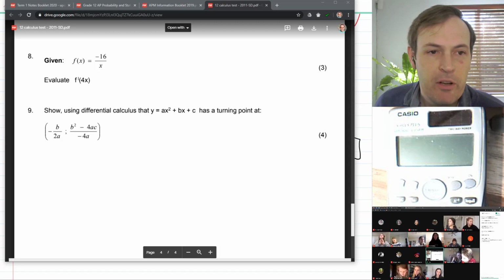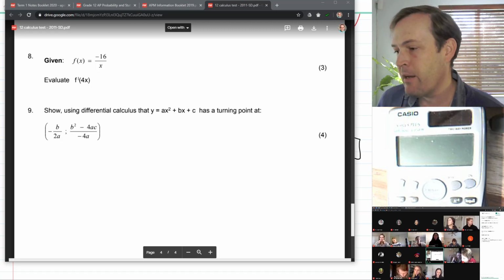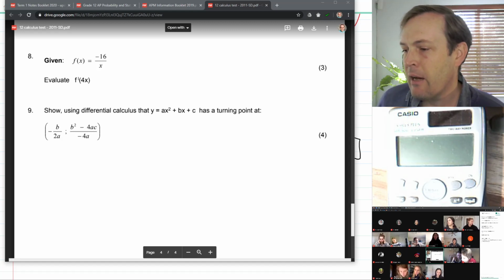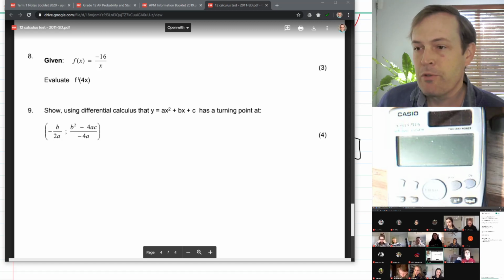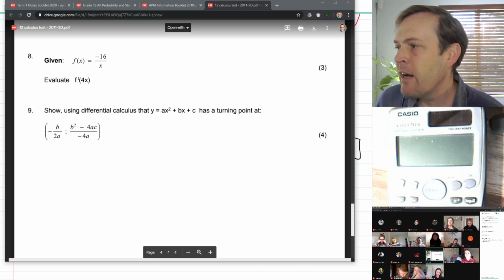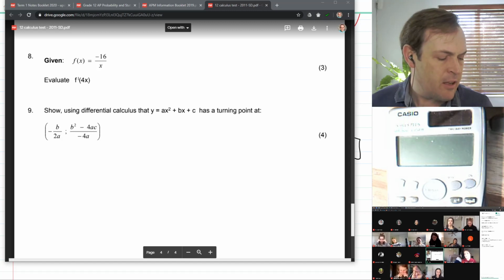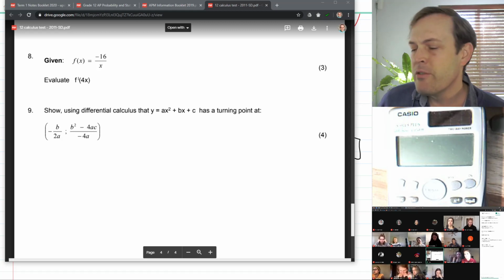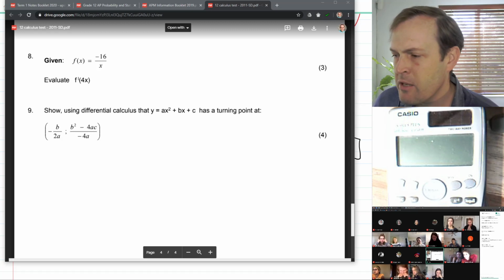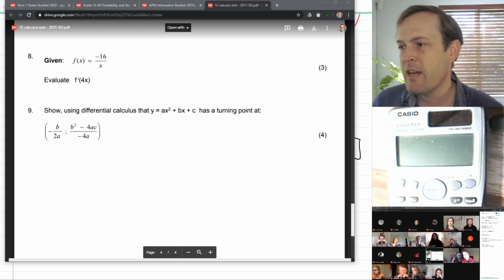But if you can answer questions 8 and 9 happily, I think you will be well suited for the test. I've said it's a test. Other classes are being told it's a tutorial or an assignment or whatever it is. Please don't read too much into the words that are being used to describe it. It's going to be an activity that you complete by yourself in a fixed time limit.